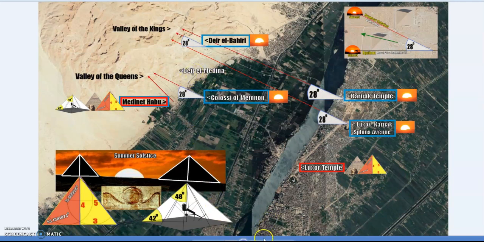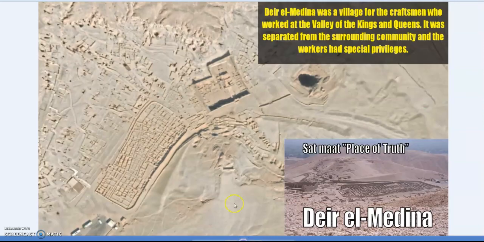Next we have Deir el-Medina. Now this is an important site because it's not a grand temple complex, but it's aligned to the Valley of the Kings. Deir el-Medina was a village for the craftsmen who worked on the Valleys of the Kings and the Queens. It was essentially a secret, sacred site in that it was separated from the surrounding communities. Workers had special privileges.